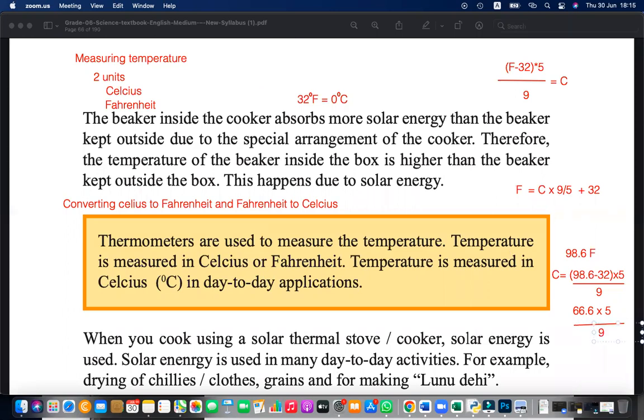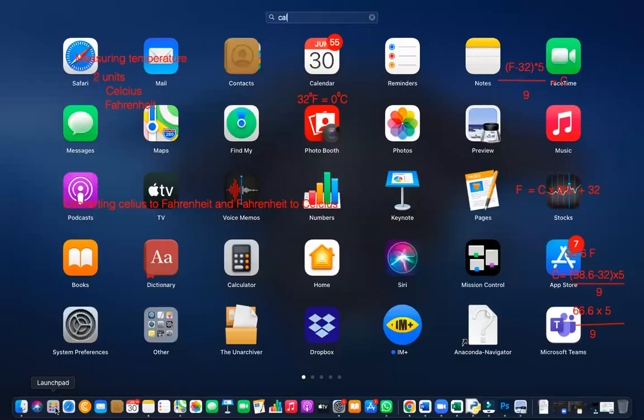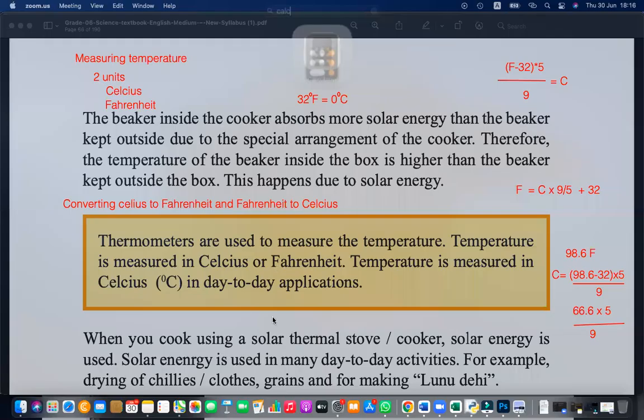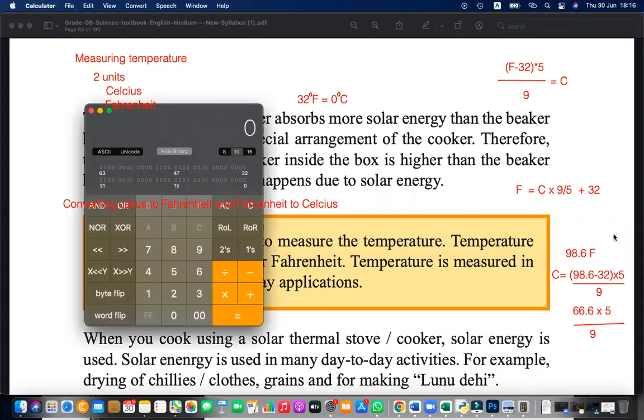If it is difficult, you can use a calculator, anything works. But multiplying by 5 is easy: 5 times 6 is 30, 5 times 6 is 30 plus that 3 is 33, so it is actually 333.